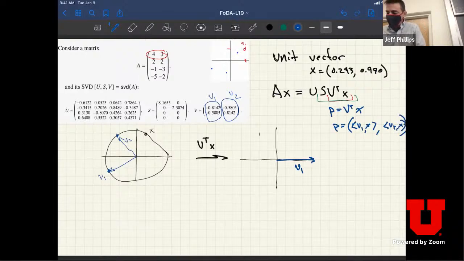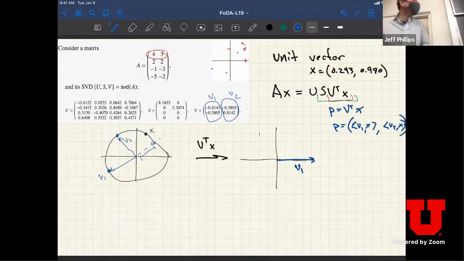So the first coordinate is dotting with V1. I can think of this as taking X and projecting onto V1 and taking the length, and it's negative because it's going in the opposite direction of V1.